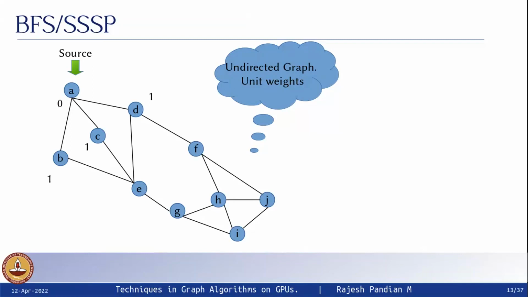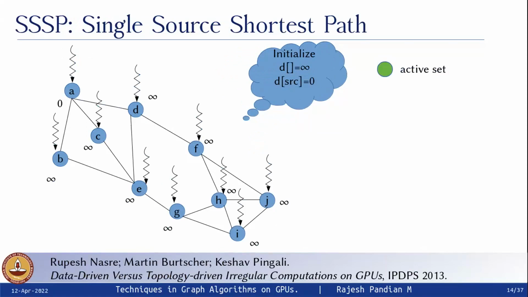So this animation will show us how the levels are computed. It goes in a stepwise fashion. It computes one level at a time, and when all the levels are computed, the algorithm is done, right?